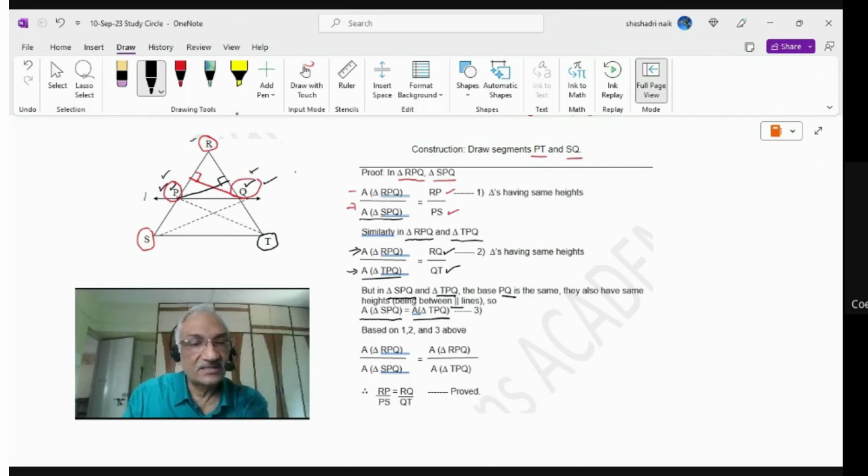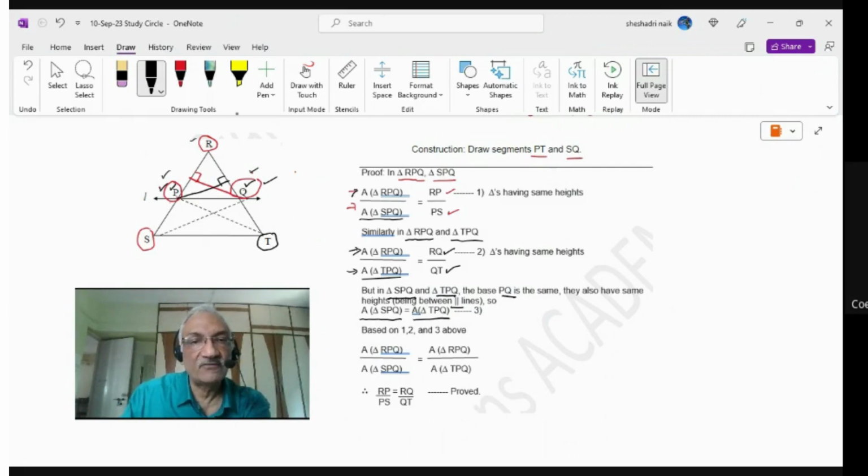What does this indicate? The denominators of the two statements became the same, and the numerator is already the same, which is RPQ and RPQ.